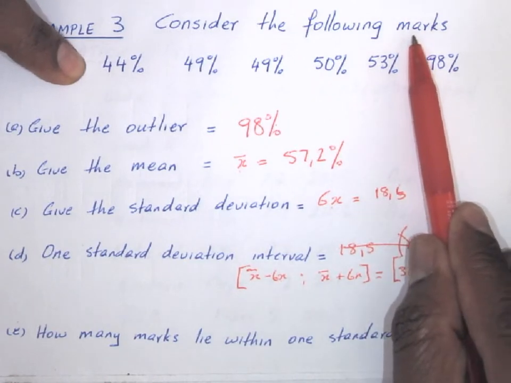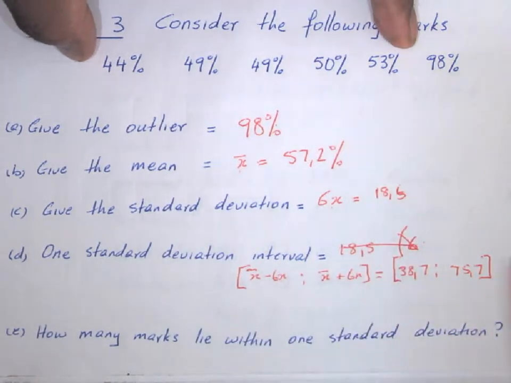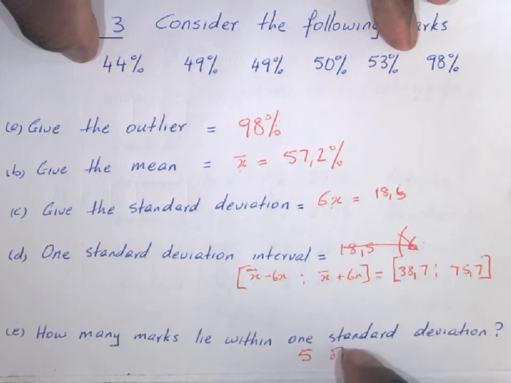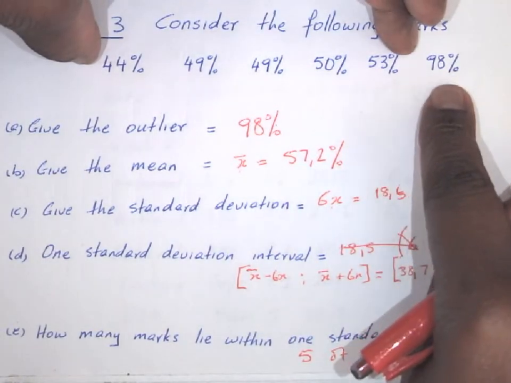How many lie within? There's 1, 2, 3, 4, 5. So 5 of them lie within. Sometimes they ask how many lie outside, and in this case it is 1.